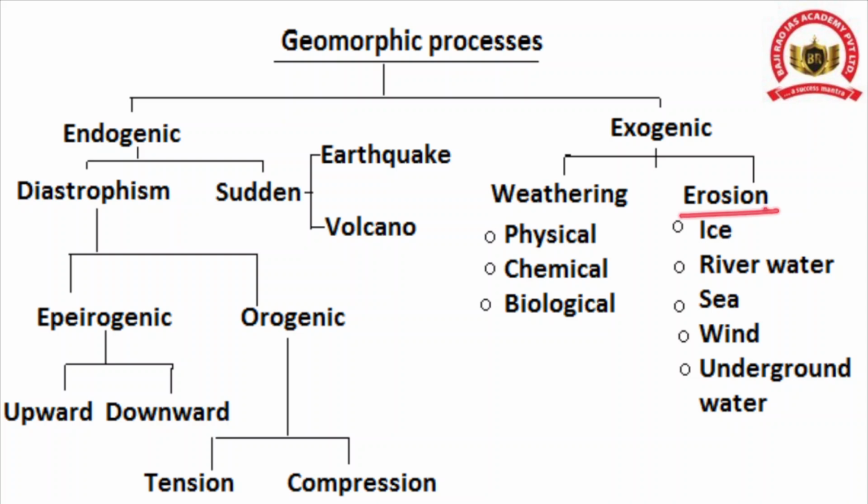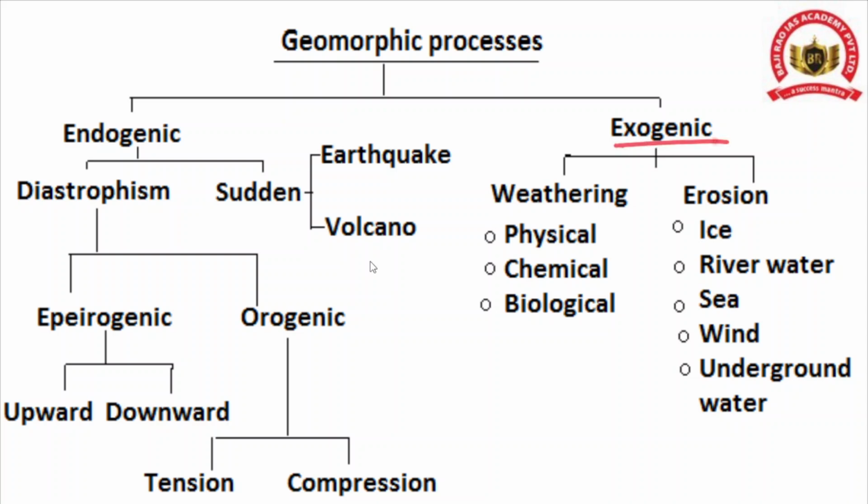On the other hand, there are several factors which lead to soil erosion, given here: ice, river water, sea, wind, and underground water are largely responsible for the erosion of soil, and that can be considered an exogenic process.